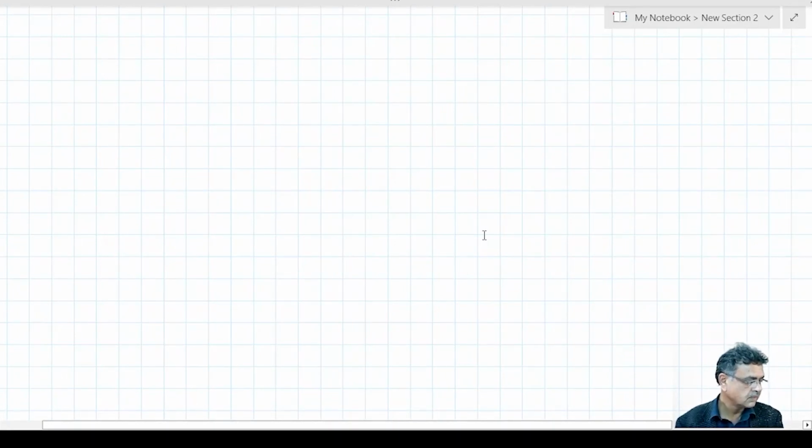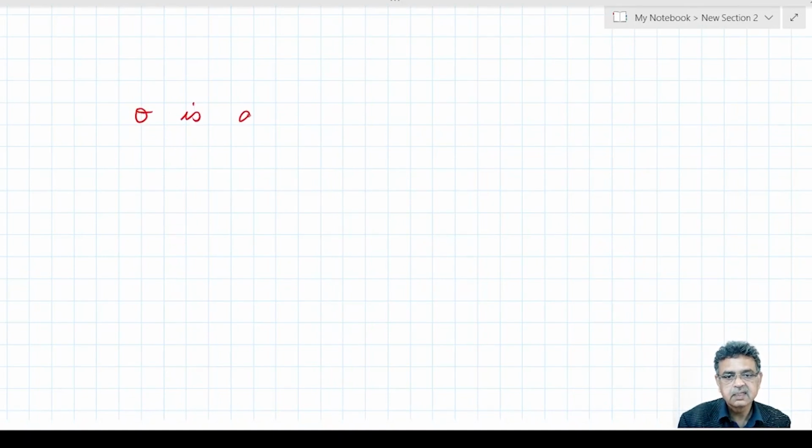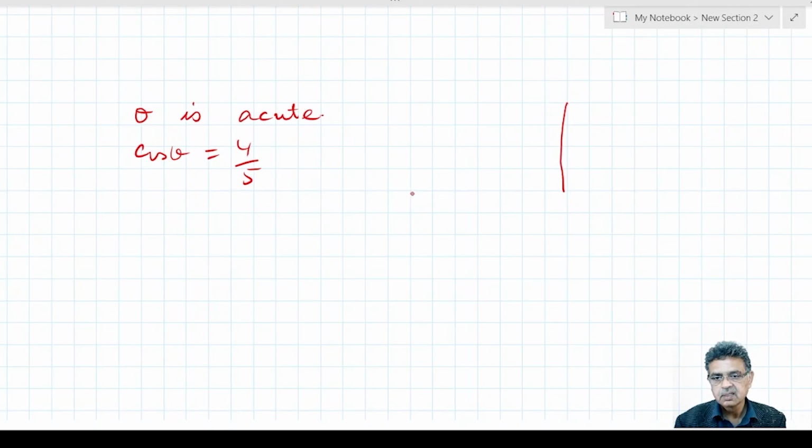Further, if theta is acute and cos theta is 4 over 5, theta is acute, cos theta is equal to 4 over 5. Actually, I am writing these questions from a book. So theta is acute. I think I should draw it with reference to the grid.